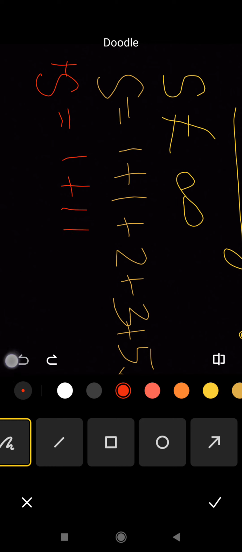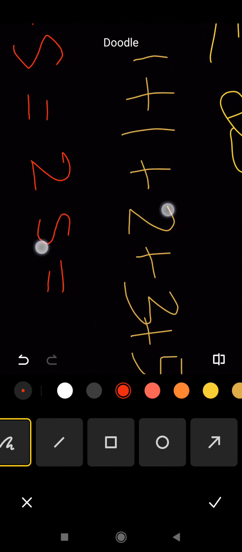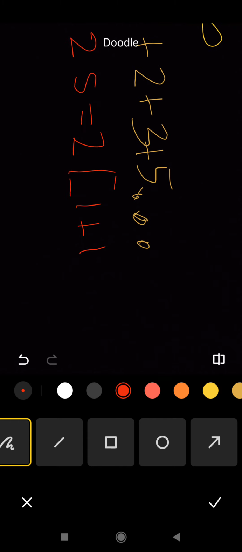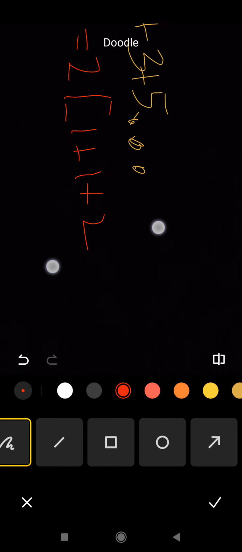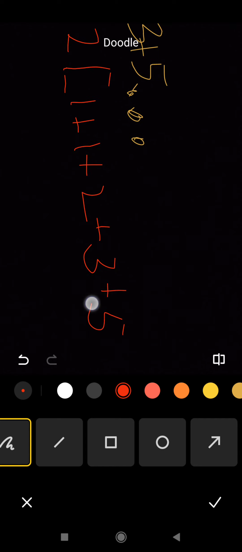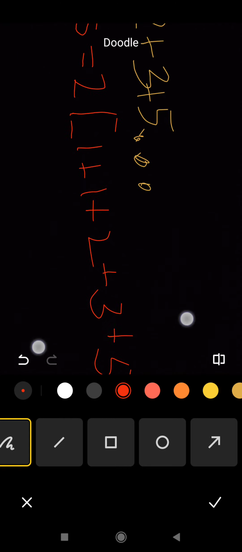And so you would expect S plus S is equal to 2S, which you must think will be equal to 2 times 1 plus 1 plus 2 plus 3 plus 5 and so on up to infinity, 2 times this whole series.